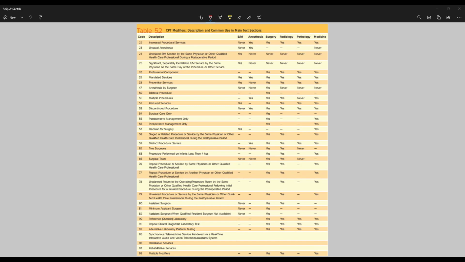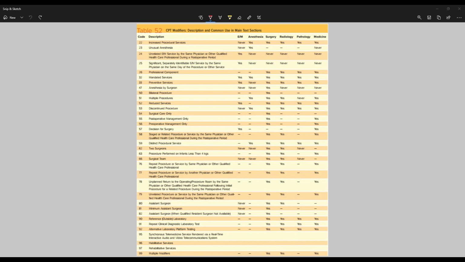So, for instance, level 3, so if we're seeing a new patient with a level 3 problem, that would be coded as 99203. And what we're doing with that is we're taking a detailed history, we're taking a detailed examination, and the medical decision tends to be low-ish complexity. Okay?